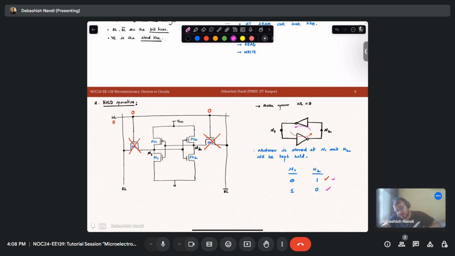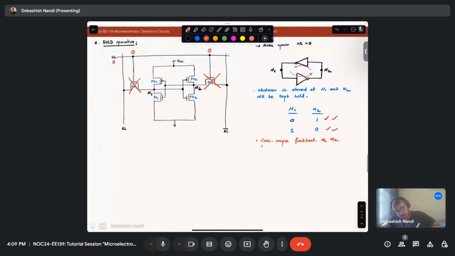Okay, so this is basically cross coupled feedback of the two inverters stores or holds the values at node N1 and N2.